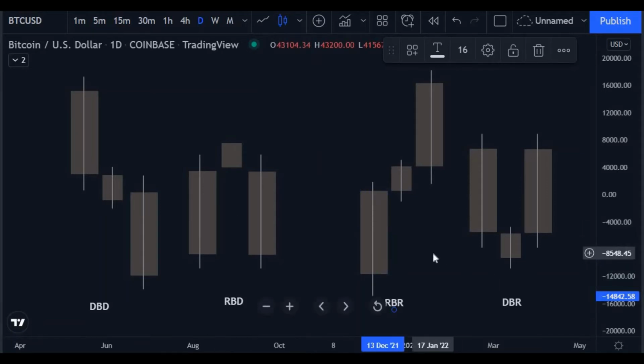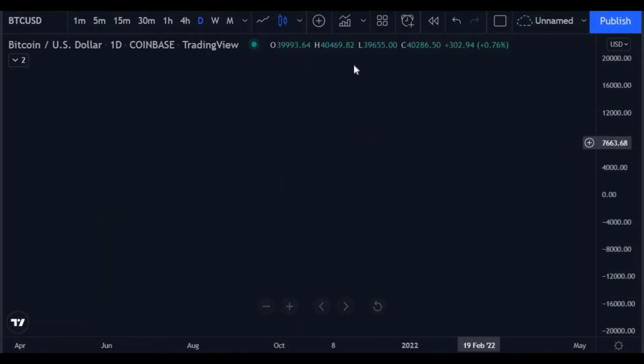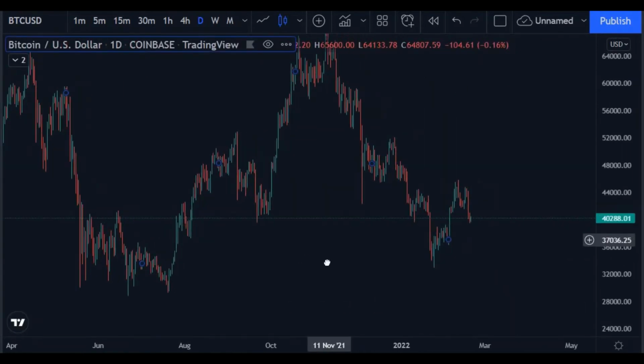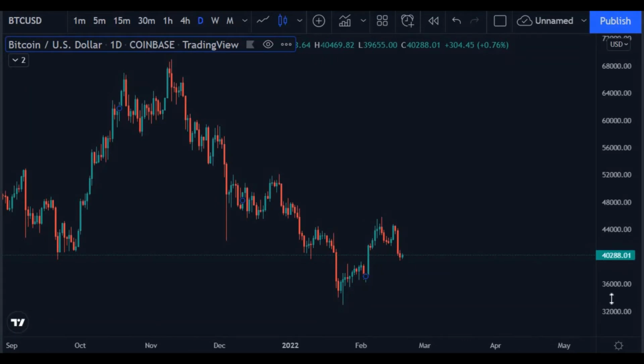While both rally base rally and drop base rally are demand setups. These setups identify areas where we are likely to find more buying pressure than selling pressure, as well as the presence of more buyers than sellers. So I'll quickly get this off my charts, then I'll show how we can identify this from the chart.